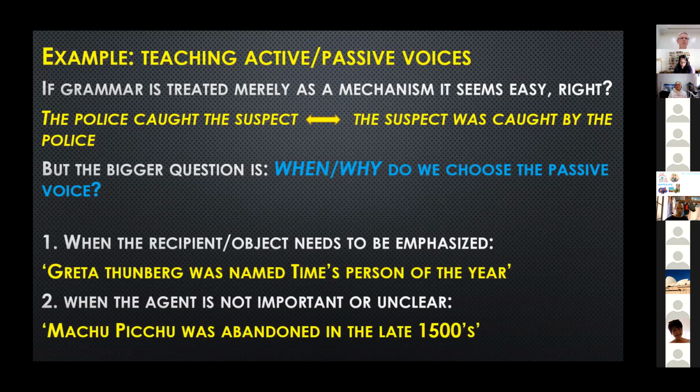Here are two examples: when the recipient needs to be emphasized, and when the agent or subject is not important or is unclear. We could tell our students something like this, or give them some examples as to when one makes the grammatical choice in English. But then we get this.